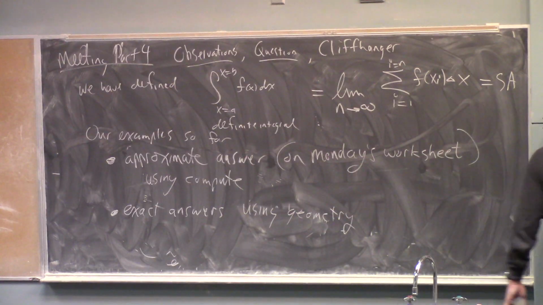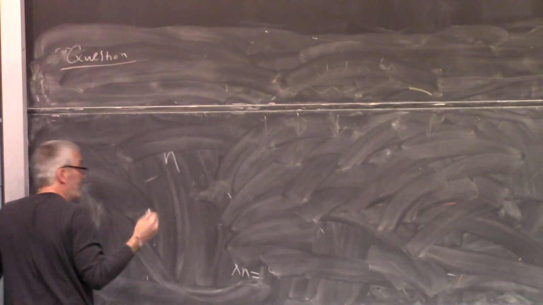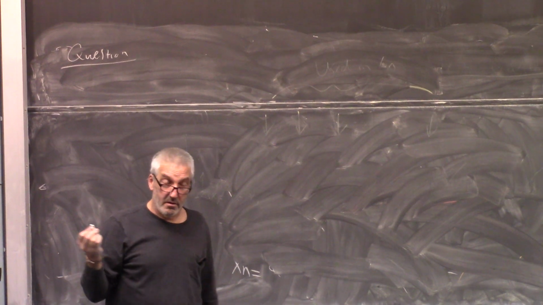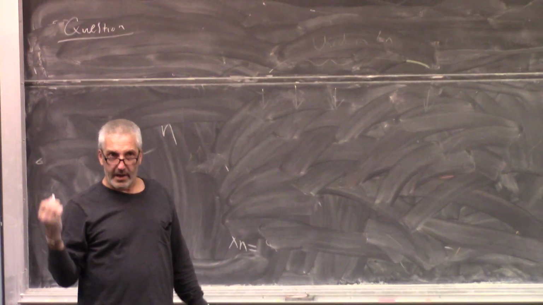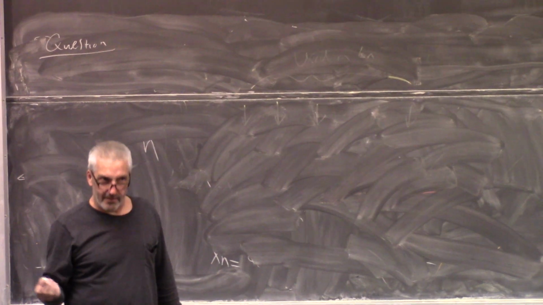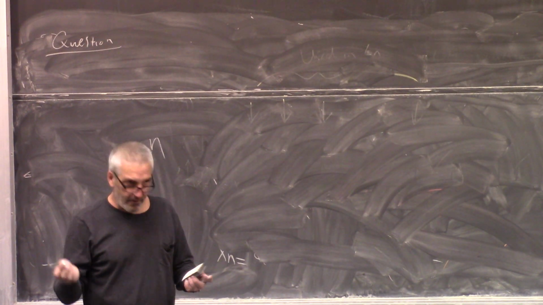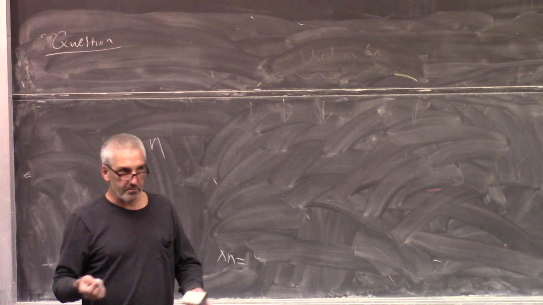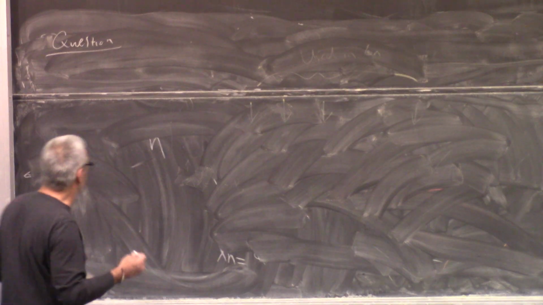So here's the question. Is there a way to get an exact answer without a computer? Is there a way to use analysis for a general function, not using geometry, not using a computer, to get an exact answer?